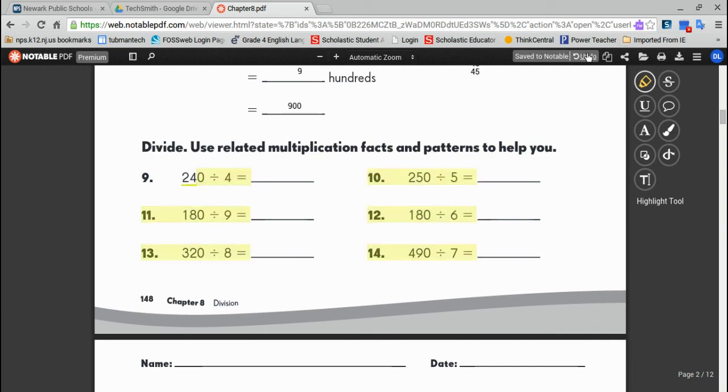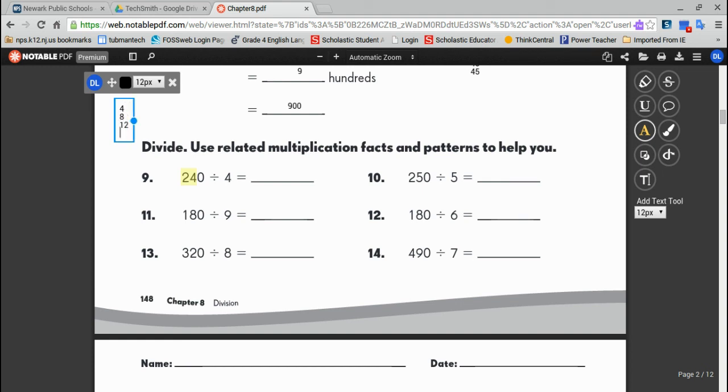I'm going to look at that 24. Alright, so 24 divided by 4, which is 24 tens divided by 4, equals, and we need our 4 multiples, 4, 8, 12, 16, 20, 24.